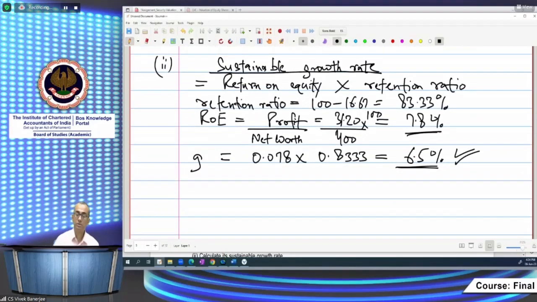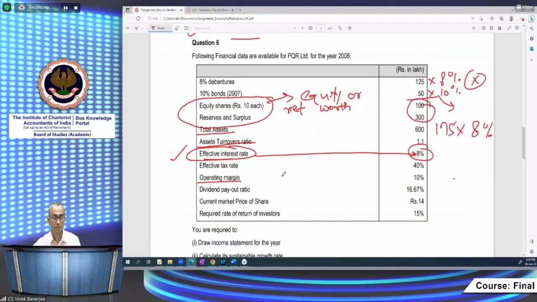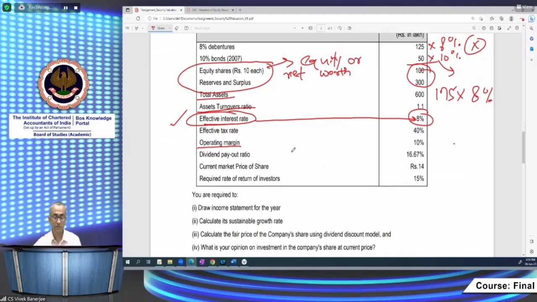Now come to the third part. Now get back to the assignment again. Third part is asking to calculate the fair price of the company share using the dividend discount model. So simply you have to calculate the present value.